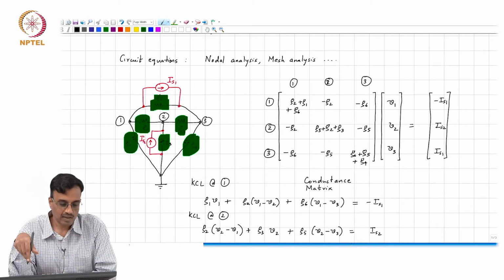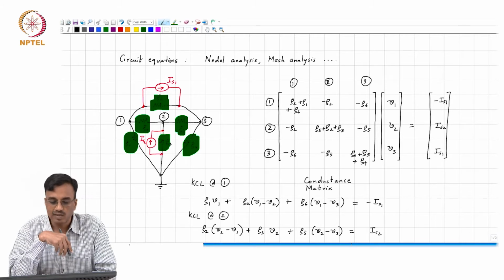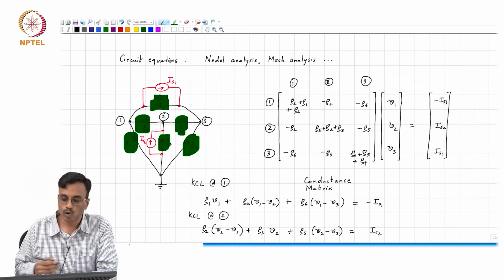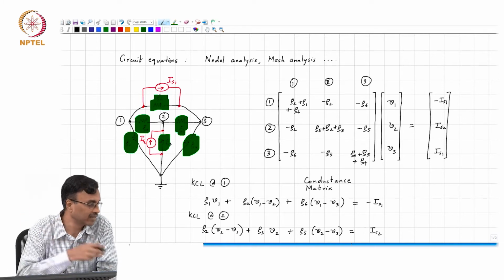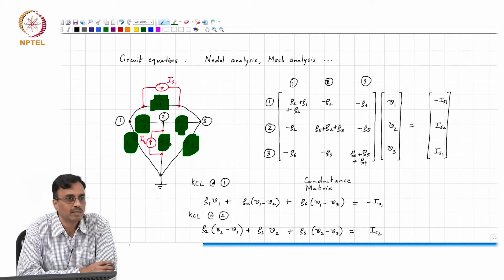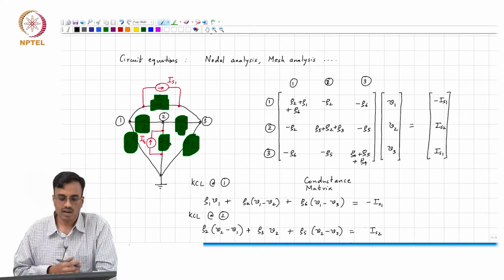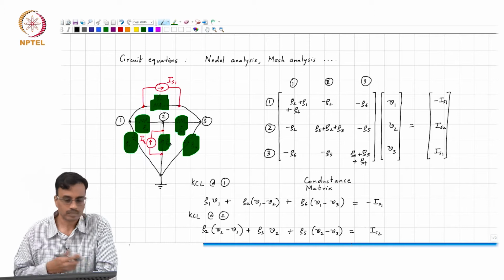So, once we have done this, there is no need to go over the same procedure of writing the KCL at every node and then arranging them as a matrix. You can simply look at the network and write the equations. And what is the, within quotes, algorithm?